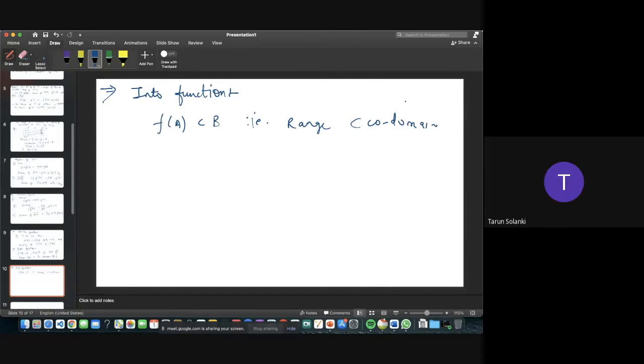If the function is not onto, then it is into, right? So the function f from A to B is an into function if there exists an element in B having no pre-image in A, right?